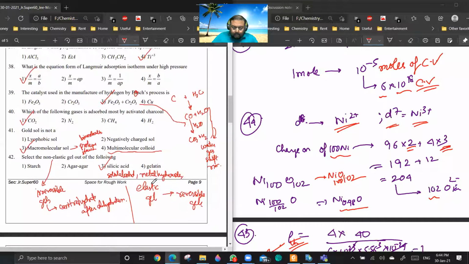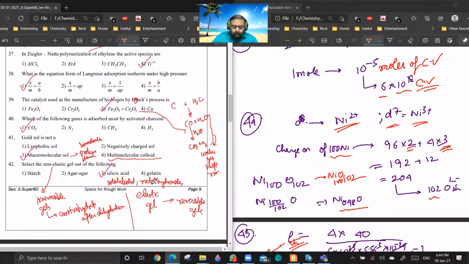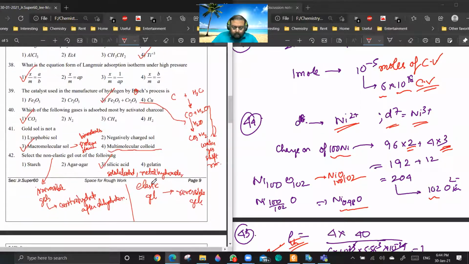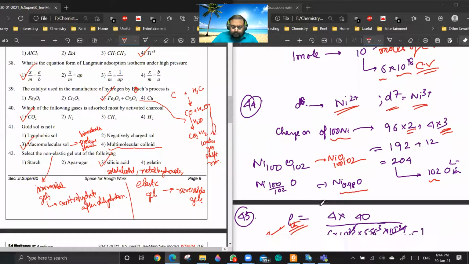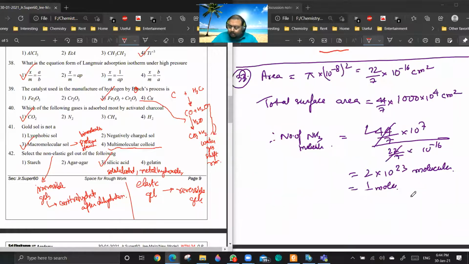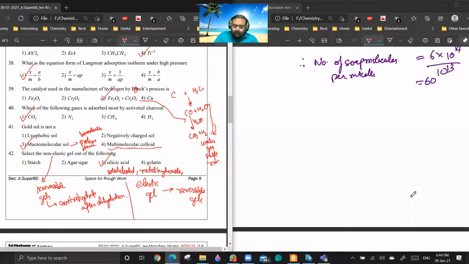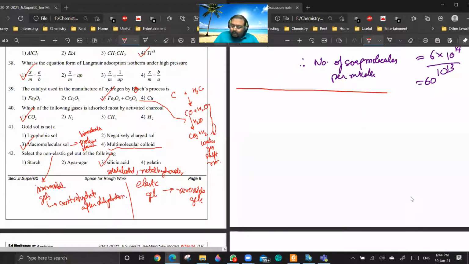So after that, 38 to 42. 38 I discussed in class. When I was talking about the Bosch process, basically, initially carbon plus H2O giving CO plus H2 was used.